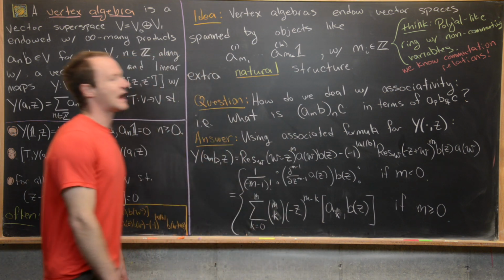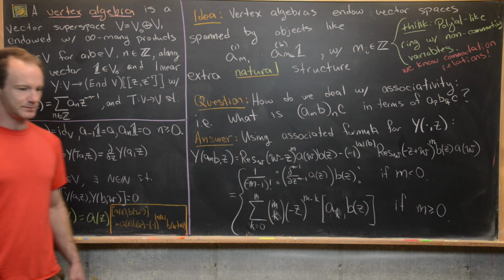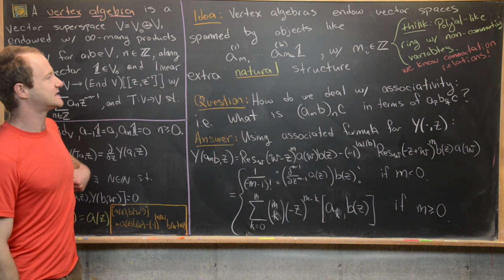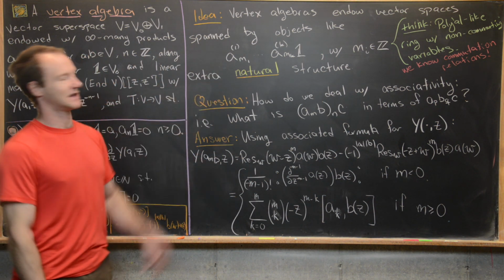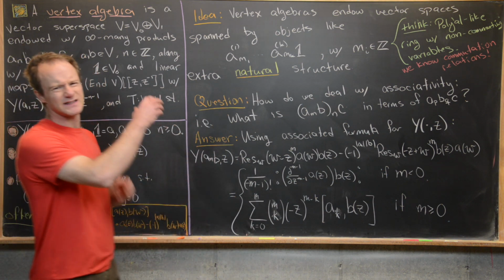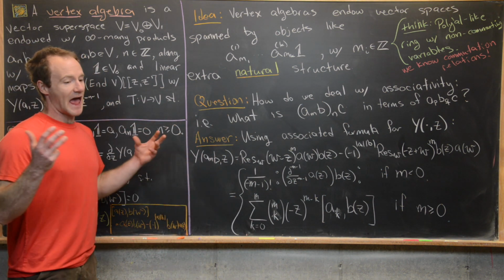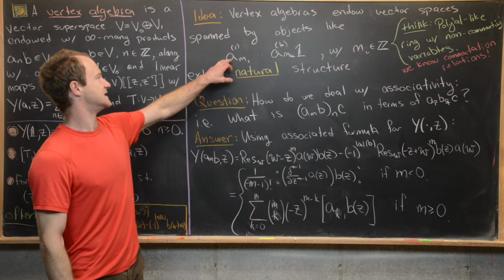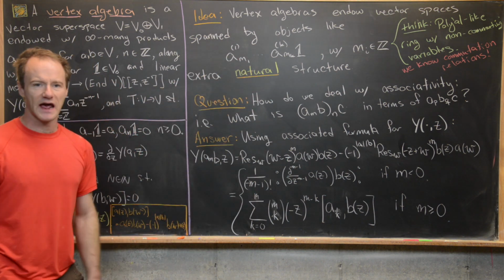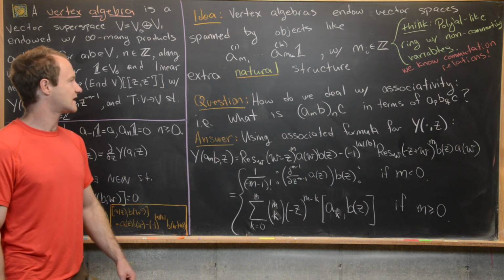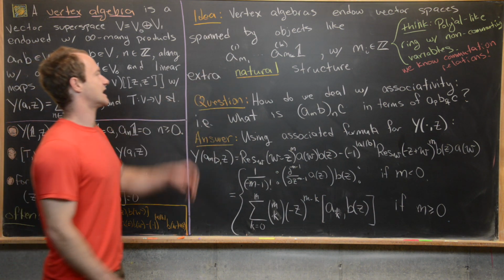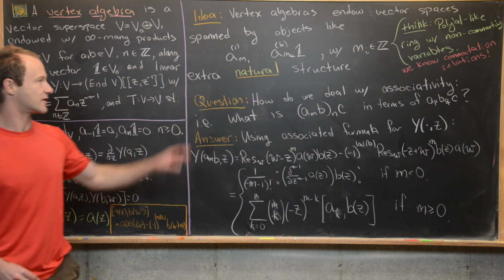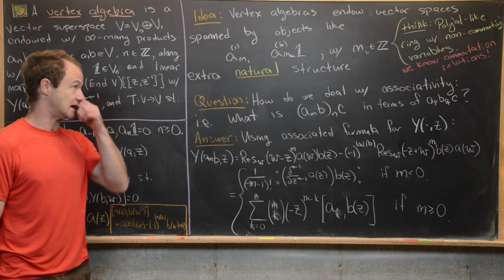Okay, so now here's the big idea behind vertex algebras: they endow vector spaces spanned by objects like this. So we've got some sort of set of as simple vectors as we can get, and those simple vectors are these a^1 to a^k. Maybe we've got a huge infinite list of them, and we've got a span of those vectors continually acting on each other and then acting on the vacuum at the end.